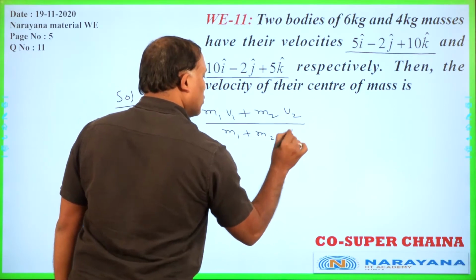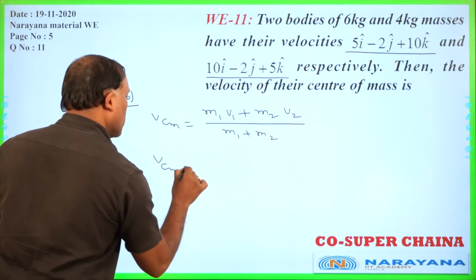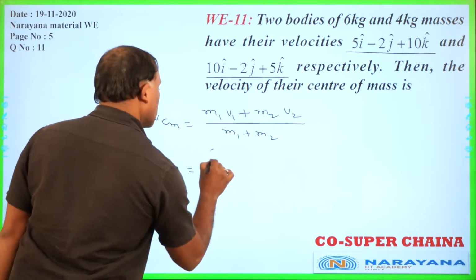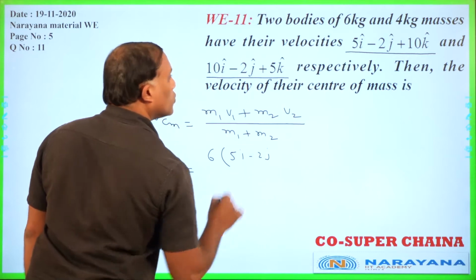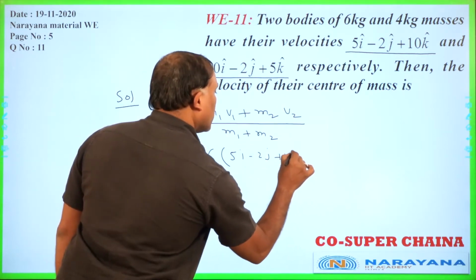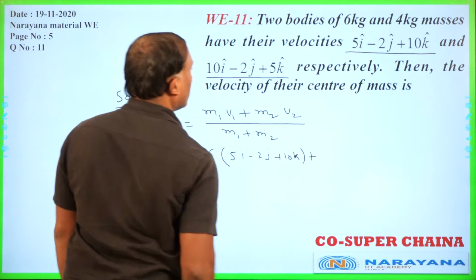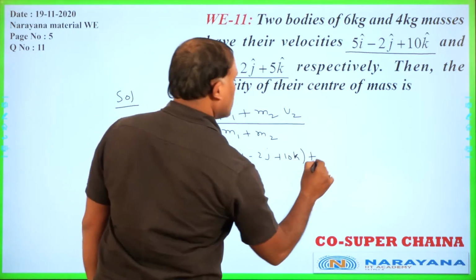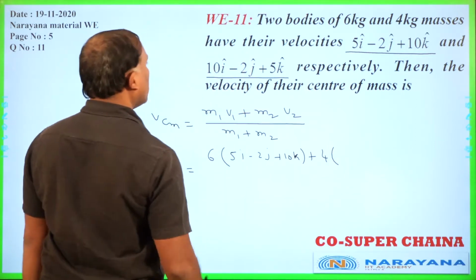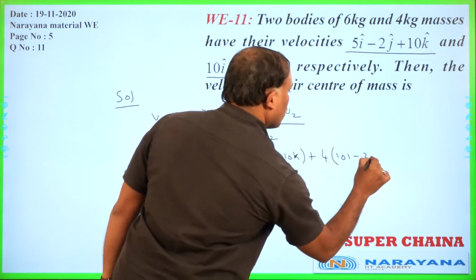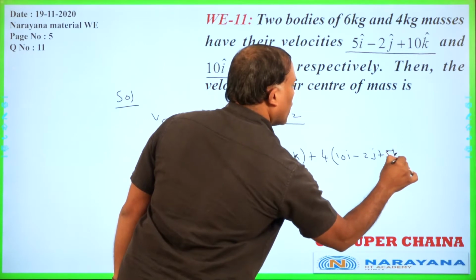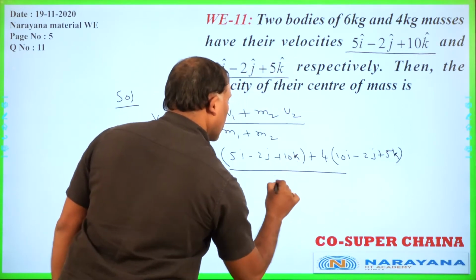By substituting, m1 is 6 kg, velocity 5i minus 2j plus 10k, plus m2, which is 4 kg, into 10i minus 2j plus 5k, by 6 plus 4, that is 10.